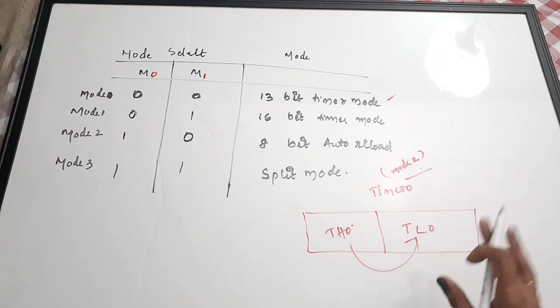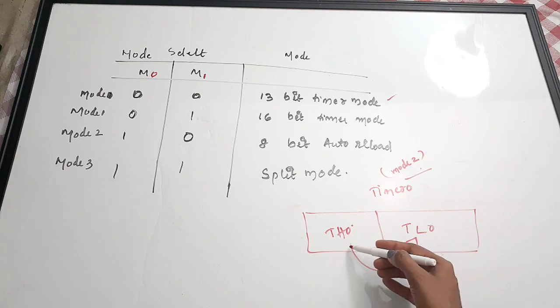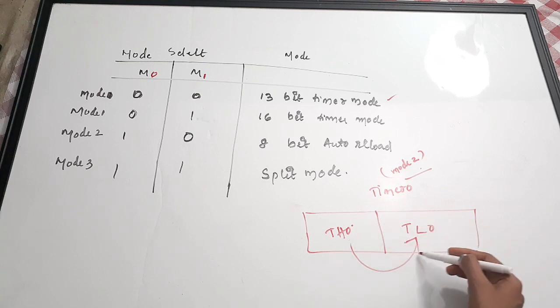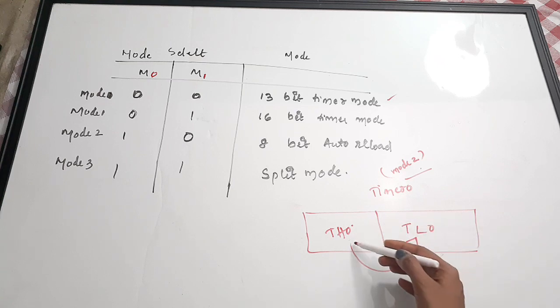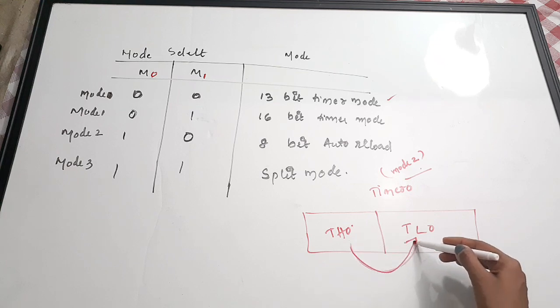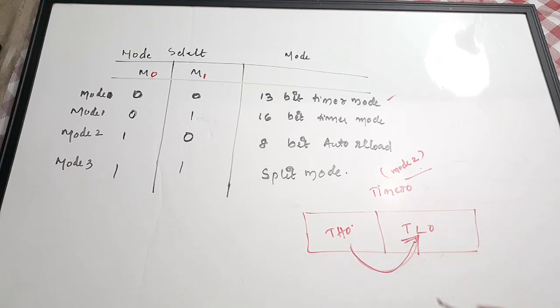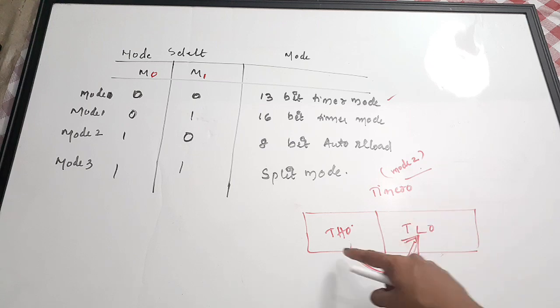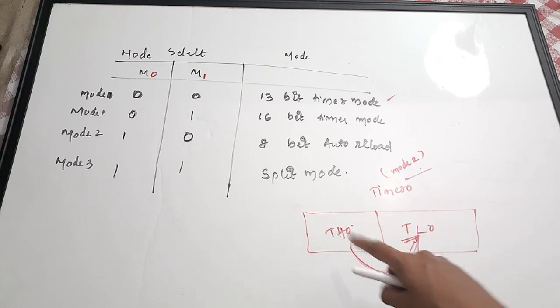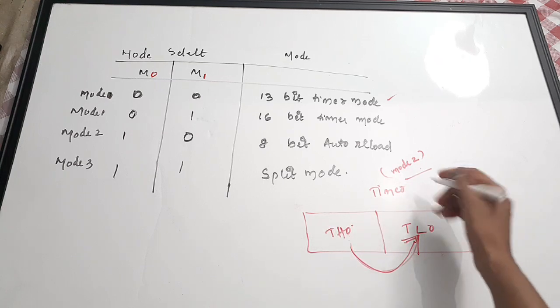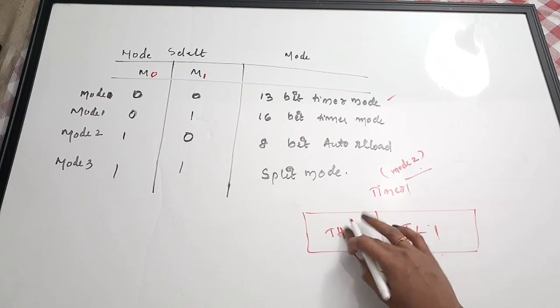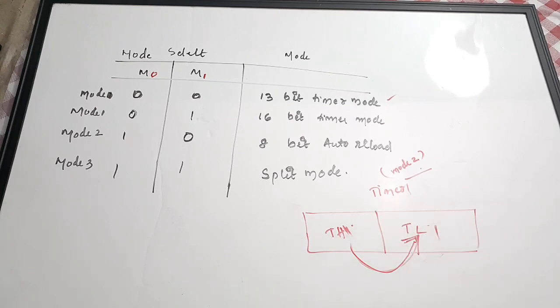When the timer is set to mode 2, when TL0 overflows, it will be automatically reloaded with TH0. We don't need to reload it again. Normally when a timer overflows, it has to be reloaded, but in mode 2, TL0 gets reloaded with the value present in TH0. Same for timer 1, TL1 and TH1. That is called 8-bit auto reload mode.